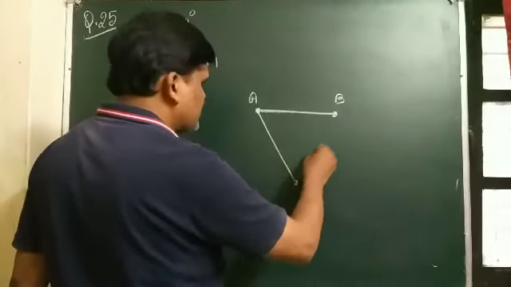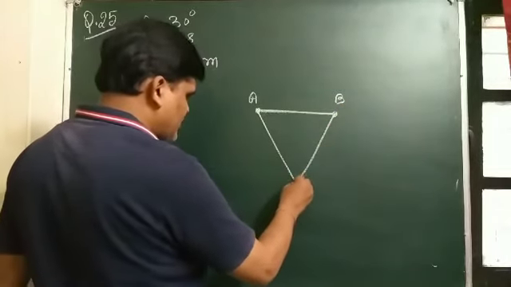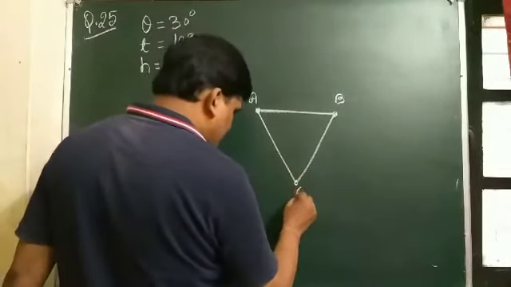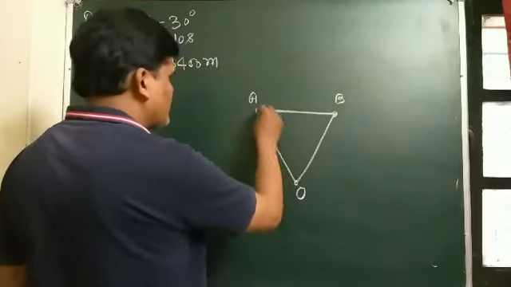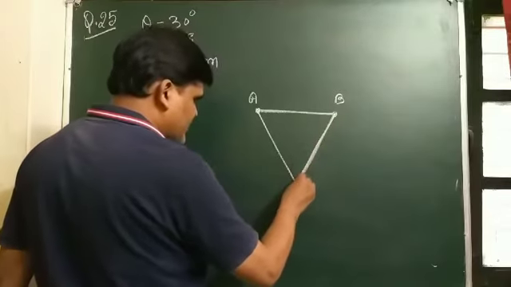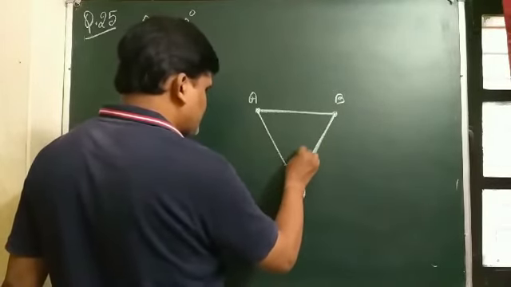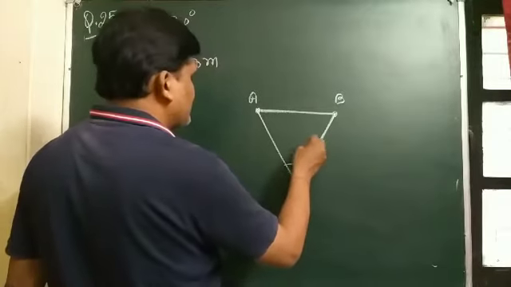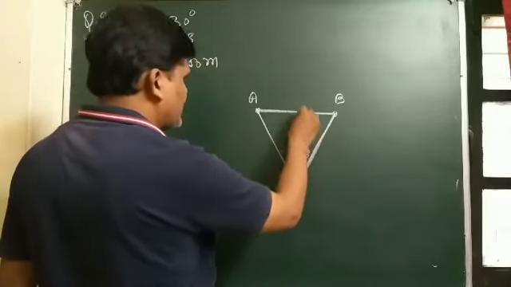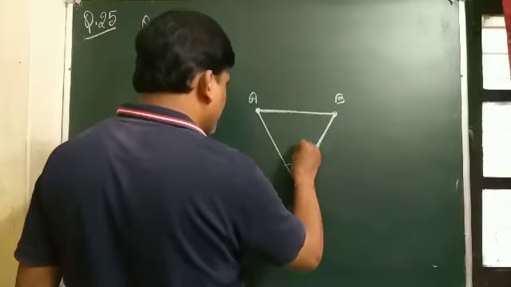The aircraft makes an angle at observation point O from position A to position B in 10 seconds. This angle is 30 degrees. Now student, we draw a normal OC from point O on AB.